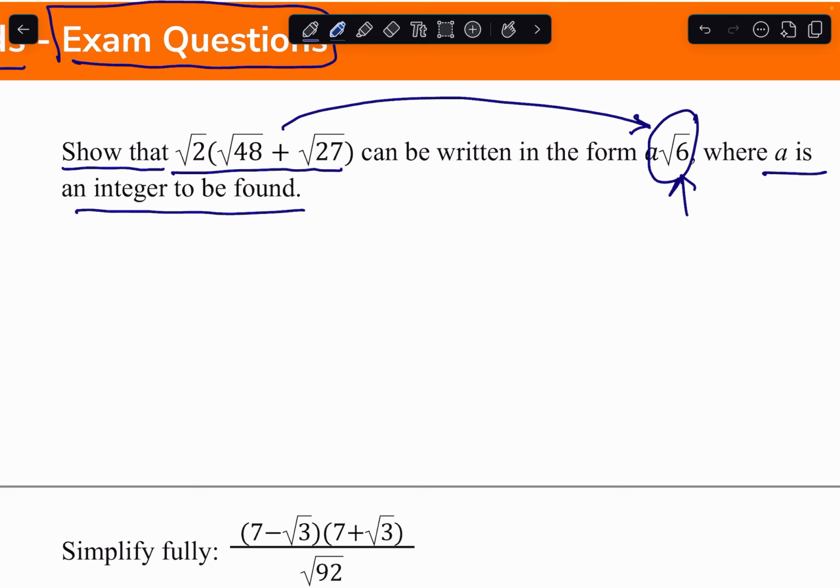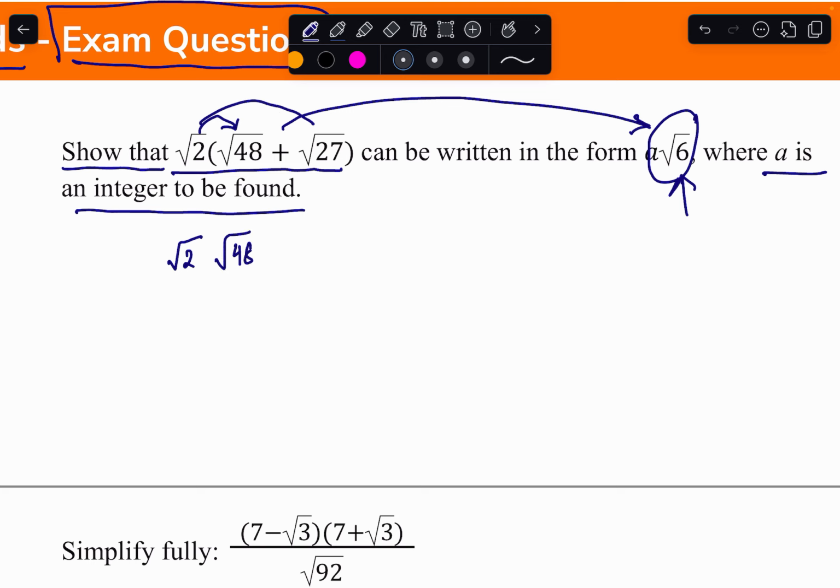So we have root 2 times root 48, then root 2 times root 27.